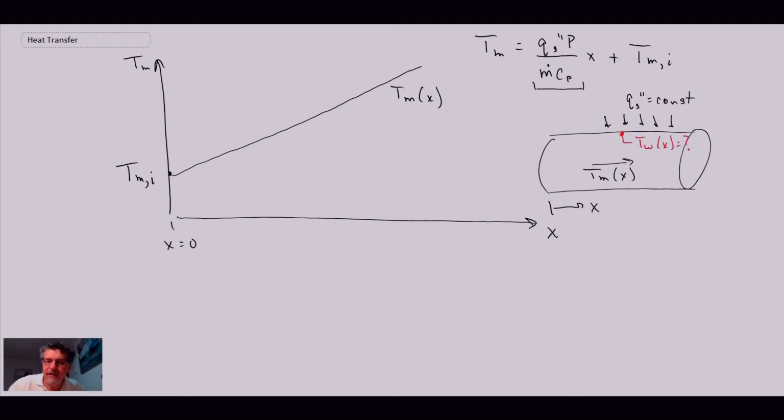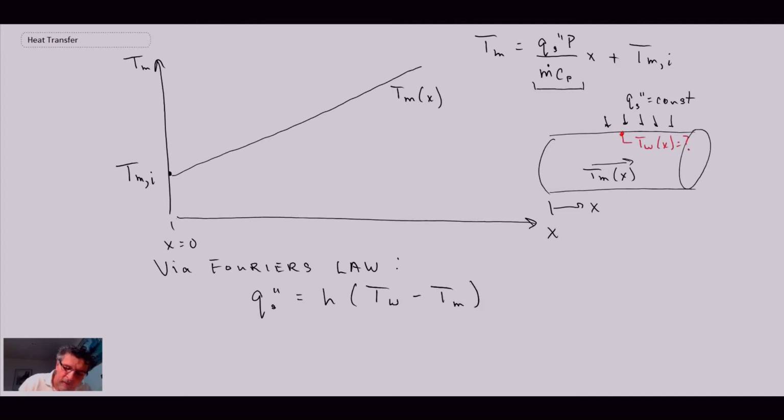We can shed some light on that by looking at Fourier's law. Looking at Fourier's law in watts per meter squared, we have this expression, and we know that this here is a constant because we have a constant heat flux boundary condition.